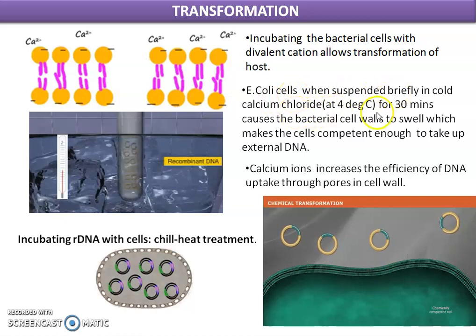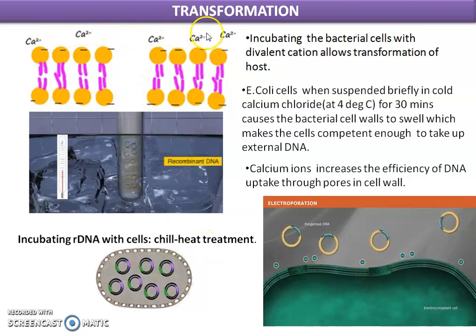So when this happens, the chill treatment and the presence of divalent cations makes the walls of the cell swell up. And that makes the cell competent. So they are ready to take DNA, but that chill treatment also should be alternated with heat shock treatment.